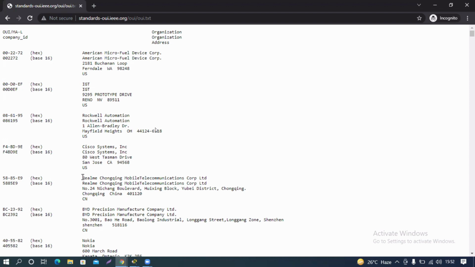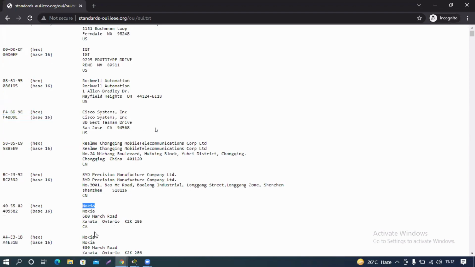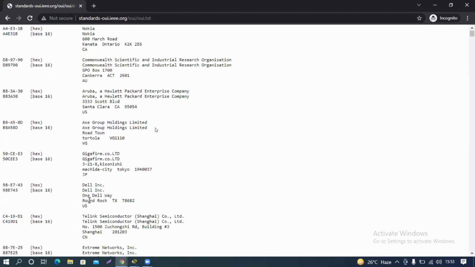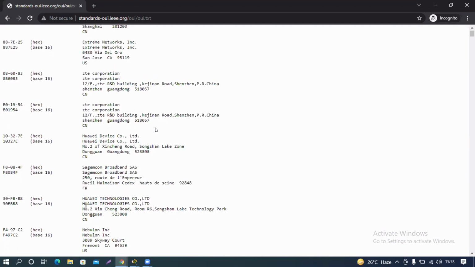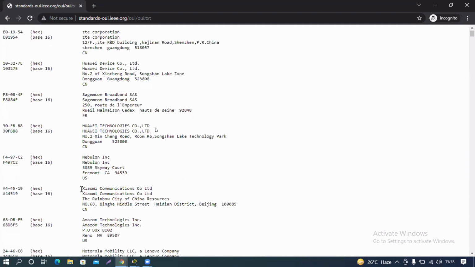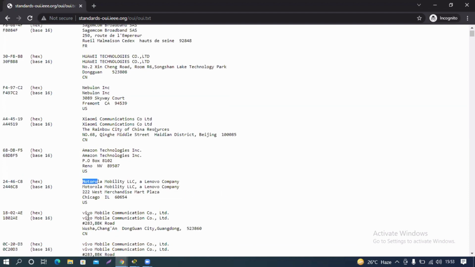So can you see Realme? Yes, Cisco Systems, sir. Can you see Nokia? Yes, sir. Over here, can you see the Dell? If you have a Dell laptop or anything like that, you will see Huawei, Xiaomi, Motorola, Vivo.